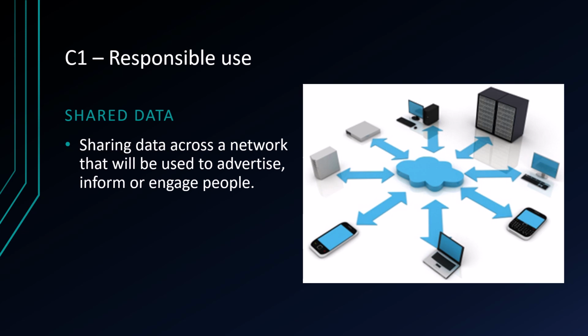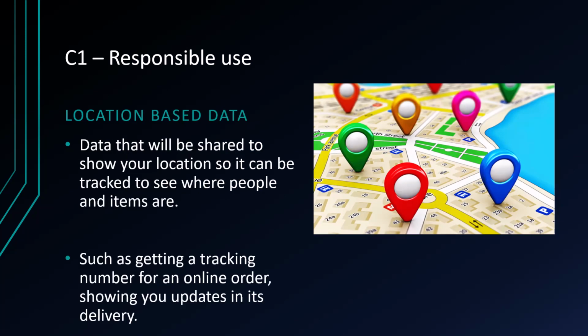For instance, if we were to share information across a specific platform, such as Instagram, we might say 1 in 2 people will get a mortgage. Something like that will be able to advertise the company and engage people as well.